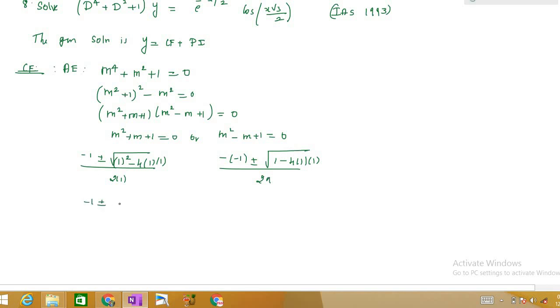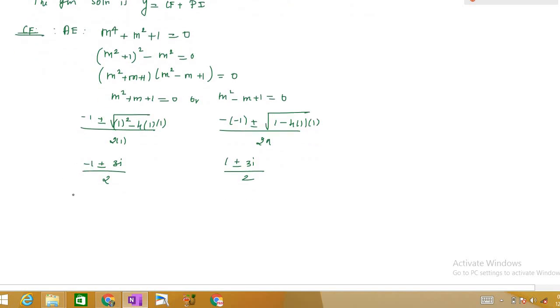So here we have minus 1 plus or minus square root of minus 3, that is root 3 i, divided by 2. So the roots are minus 1 plus or minus root 3 i by 2. Remember, these are not equal roots. For the other equation, it is 1 plus or minus root 3 i by 2.